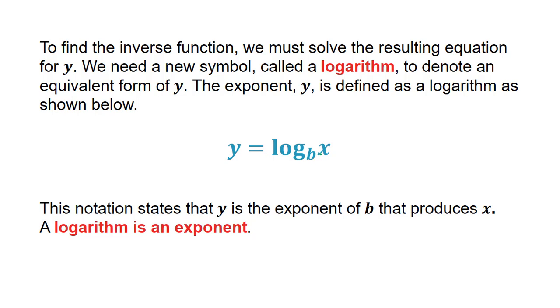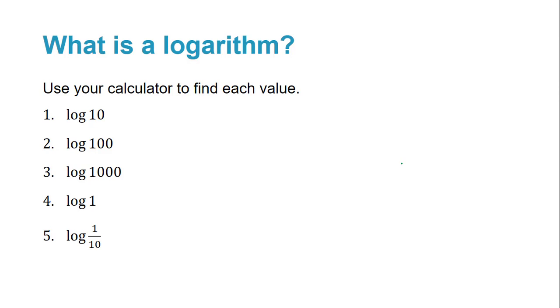But all that notation means is that y is the exponent of b that produces x. So when you see y equals log to the base b of x, you're thinking, well, b to what number is equal to x? And whatever that exponent is, that's the value of y. So a logarithm is just simply an exponent.